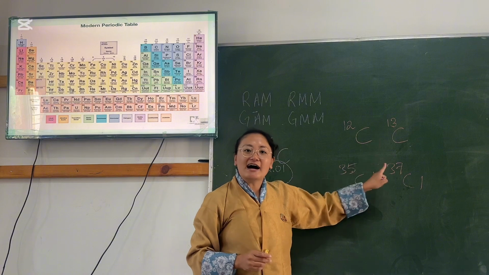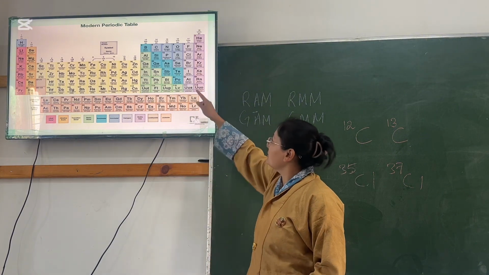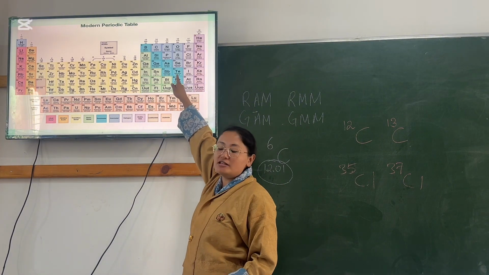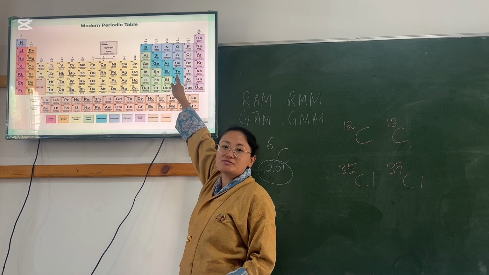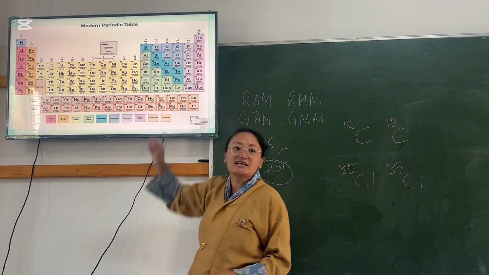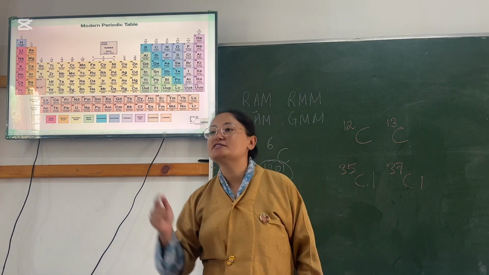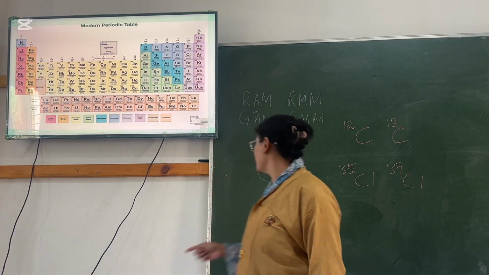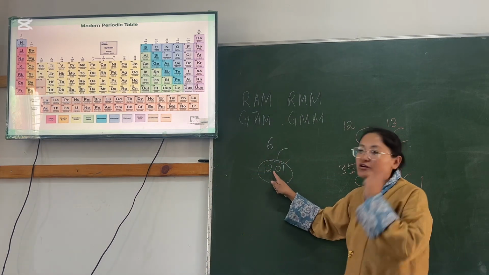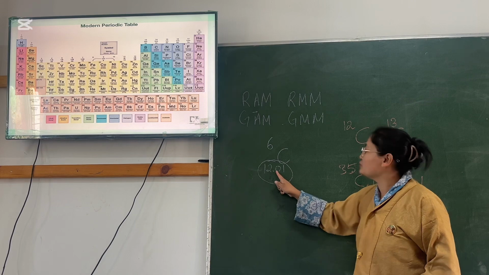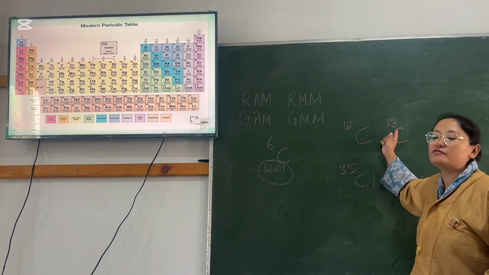Now, in the periodic table, whatever number you see at the bottom, the atomic mass, they have taken care of these isotopes also. So what you see there, carbon 12.01, is actually the weighted average of these isotopes.